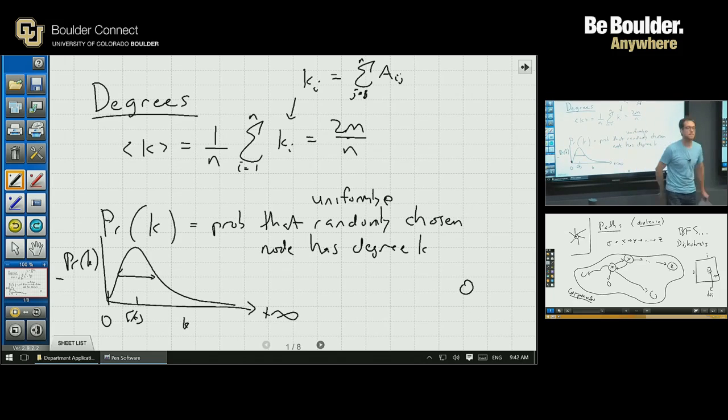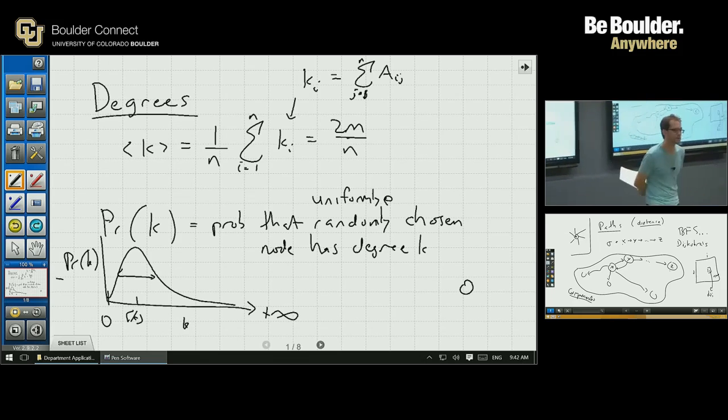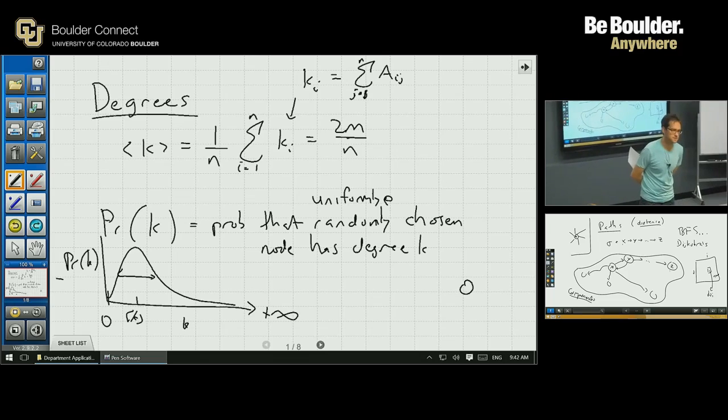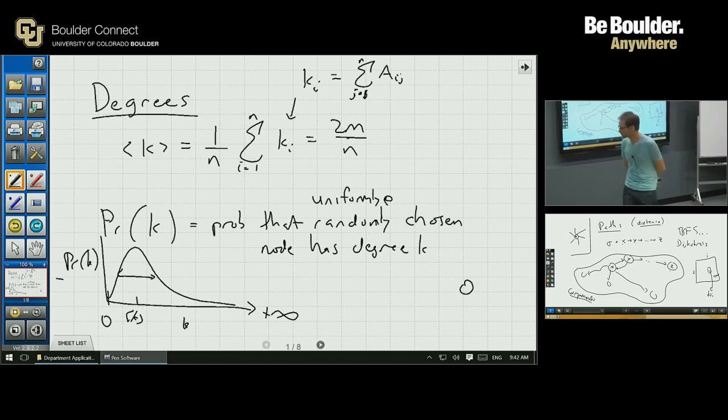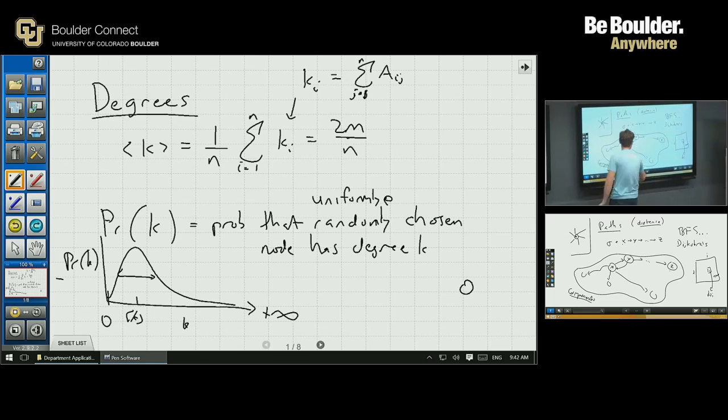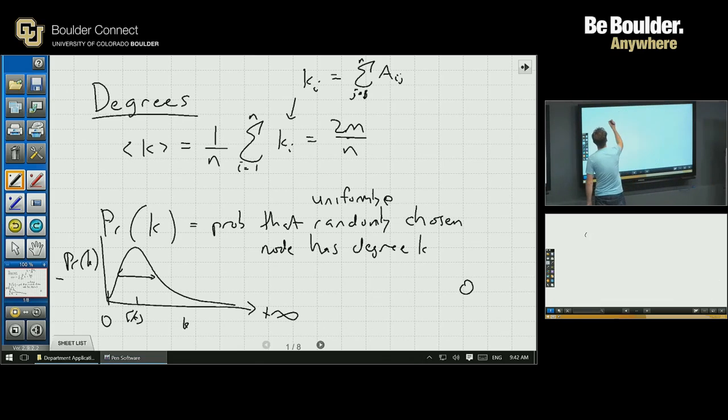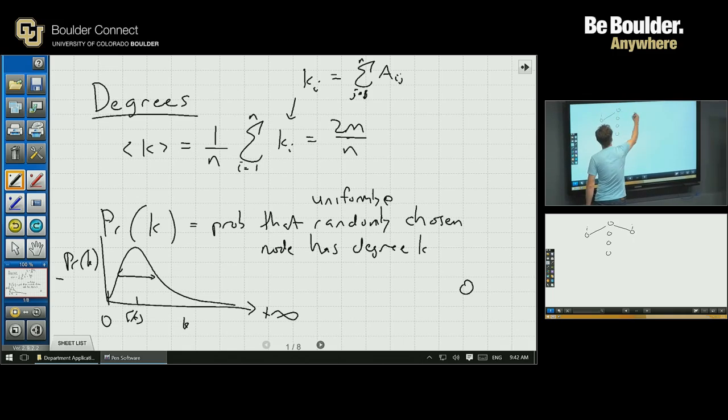Does that give you the common neighbor matrix? The common neighbor matrix? What is a common neighbor? I have two vertices I and j. These in the middle are common neighbors.